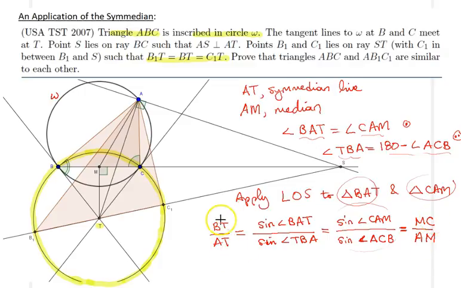BT is given to be equal to C1T in the problem, so I will make this substitution. Therefore this implies that TC1, replacing BT with TC1, divided by AT is equal to MC over AM.